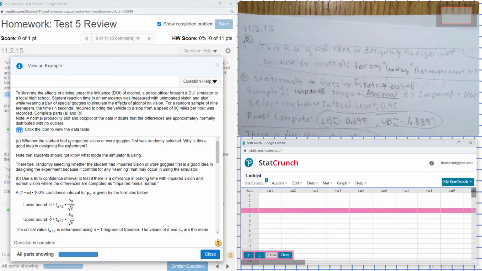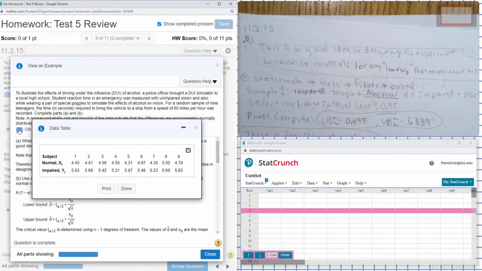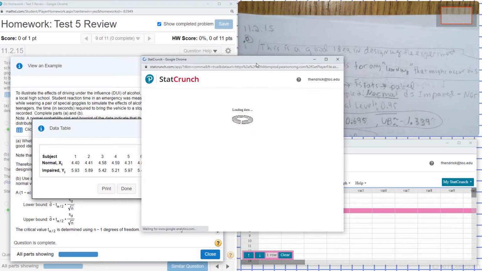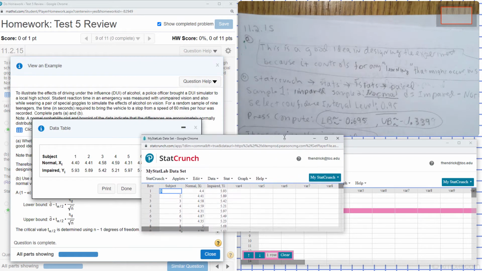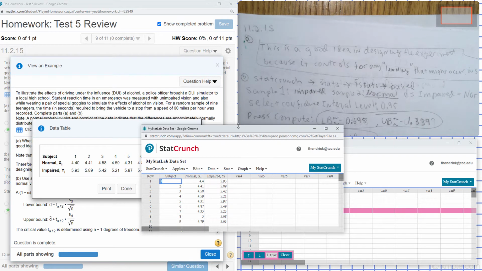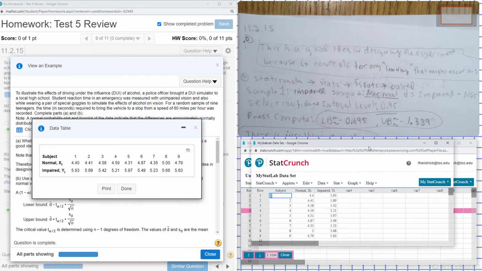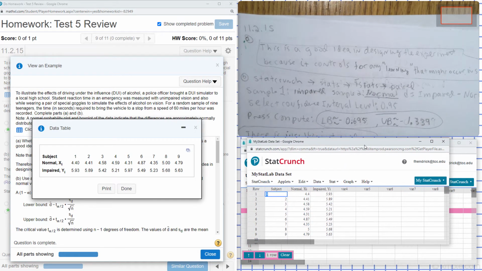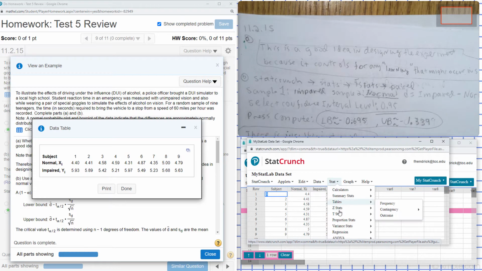I'm going to select my data, then open it in StatCrunch. Go to Stat, T Stats, and then Paired.